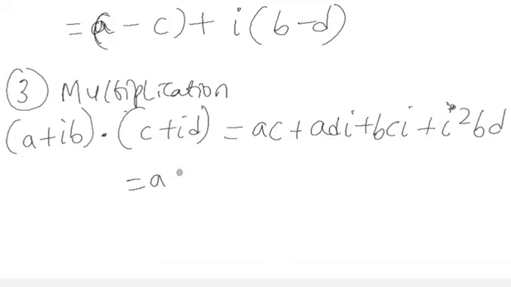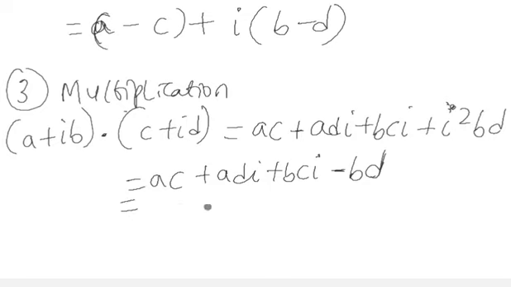So we have ac plus adi plus bci. i squared gives us minus 1, so minus 1 times plus bd gives us minus bd.